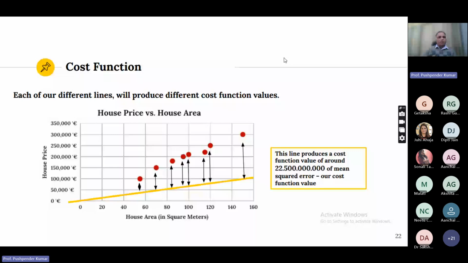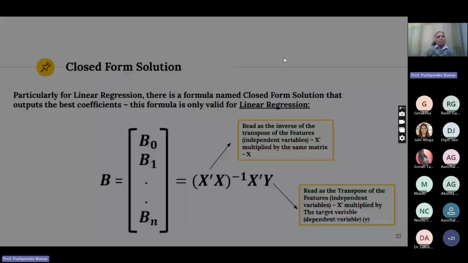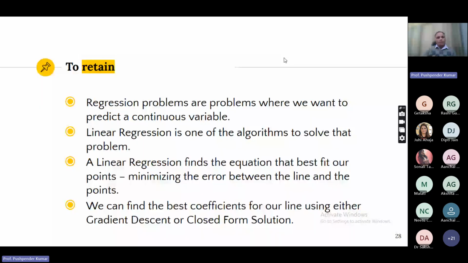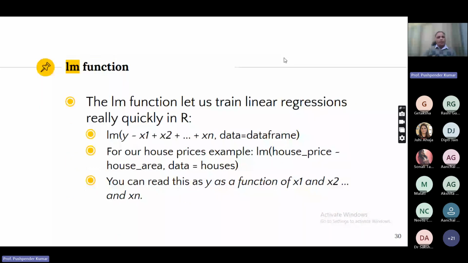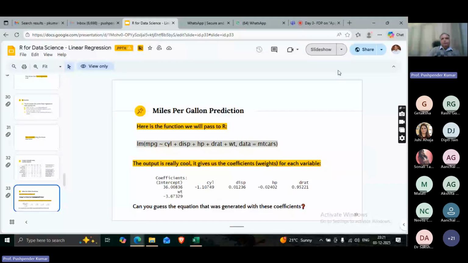First, I hope you remember, we had the example of house price, then the cost function. I'm not going into R right now, but you got some idea of what regression is.